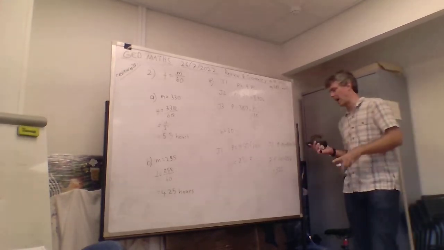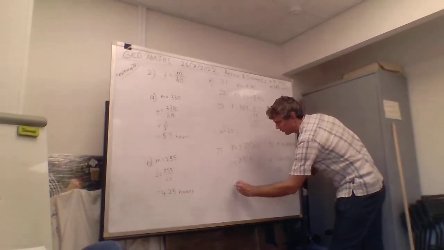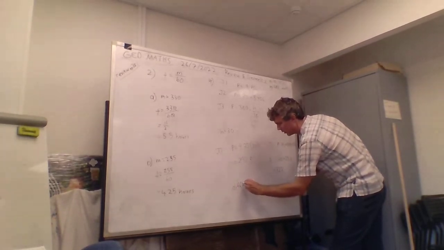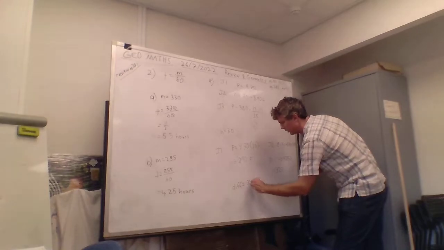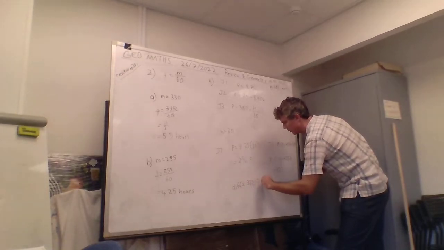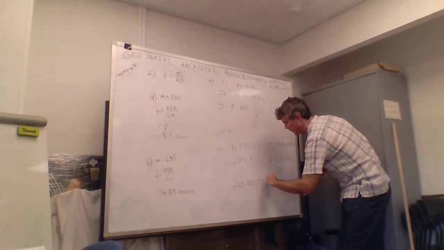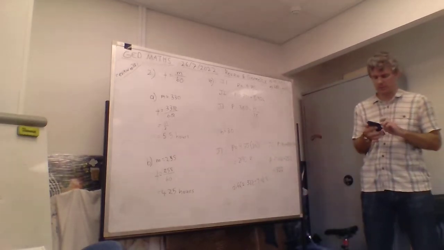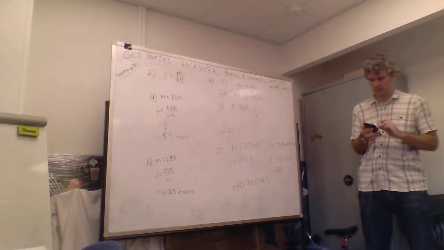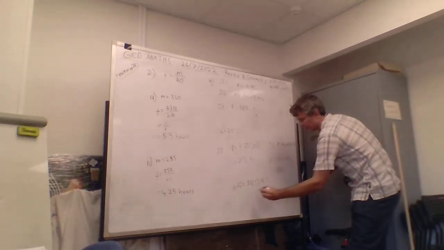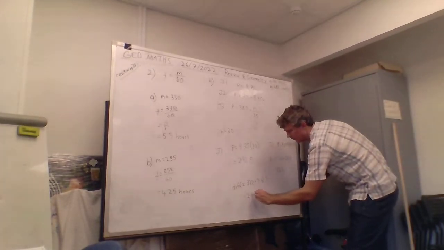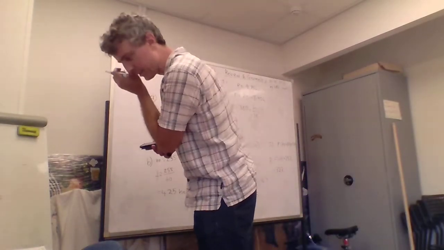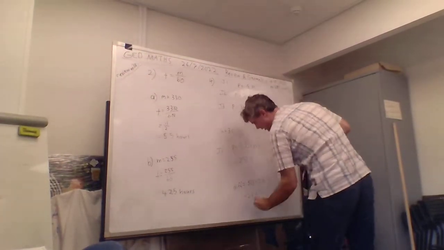So the difference equals 322 minus 292.5. You can also do that on your calculator. 322 minus 292.5 is 29.5. Is that one of our options? Yes.